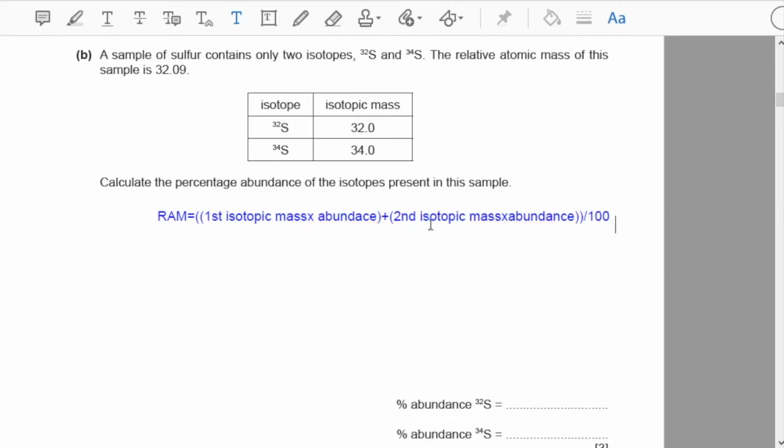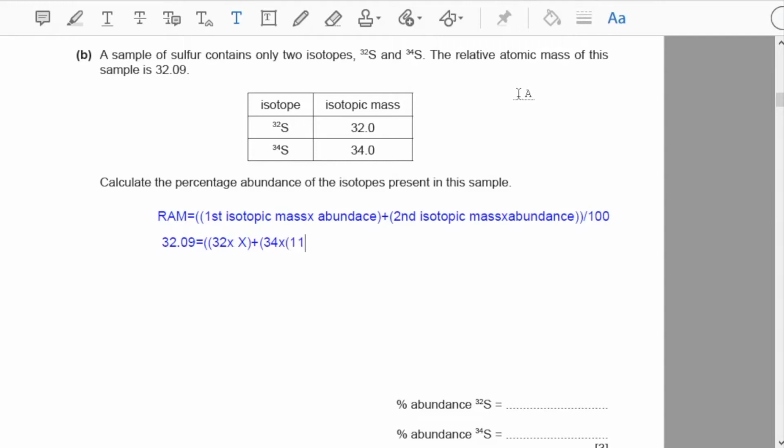So RAM has already been given to us, which is 32.09. So I'll write that over here, is equal to first isotopic mass is 32 multiplied by its abundance, which is unknown to us. So let's suppose S32 has an abundance of X%. Multiply it with X plus second isotopic mass is 34 multiplied by its abundance, which would be 100 minus X, since X was the percentage abundance of S32.